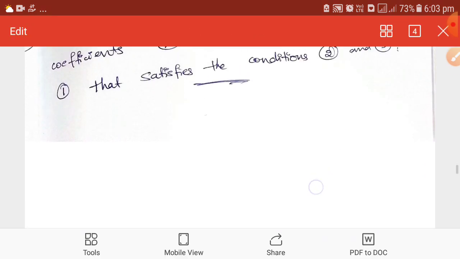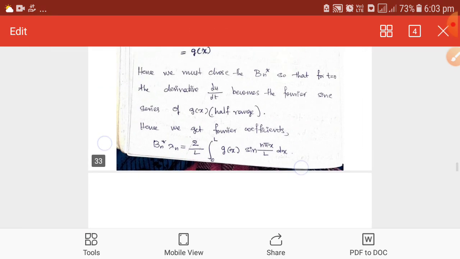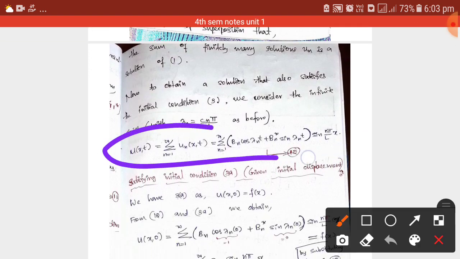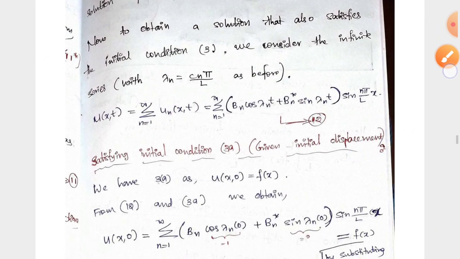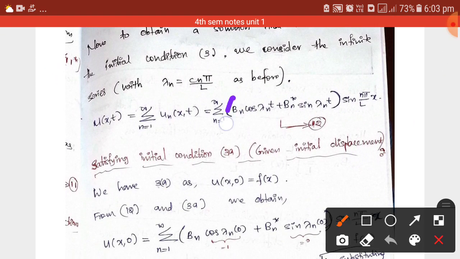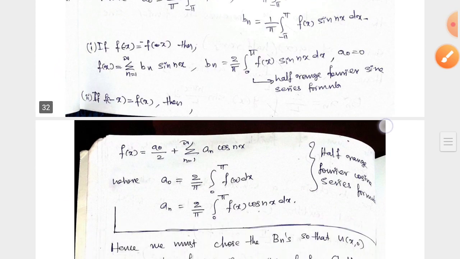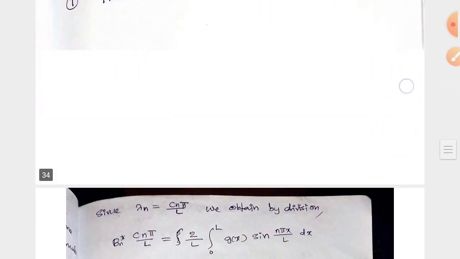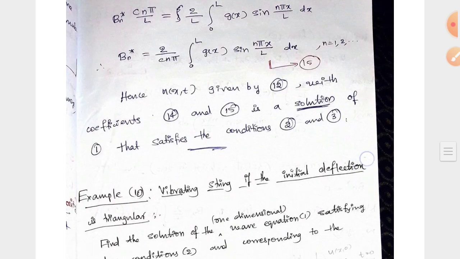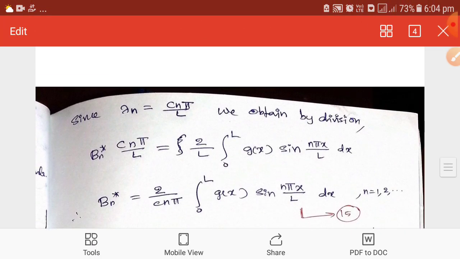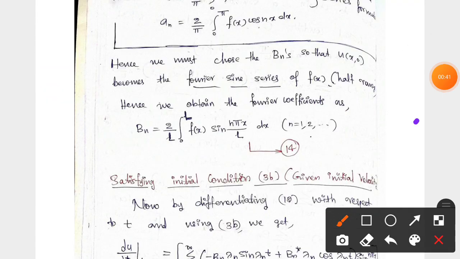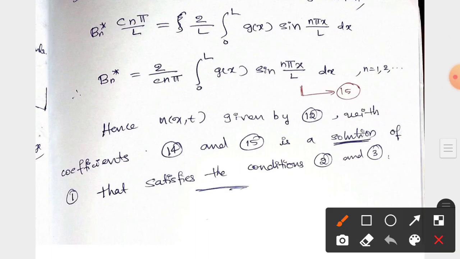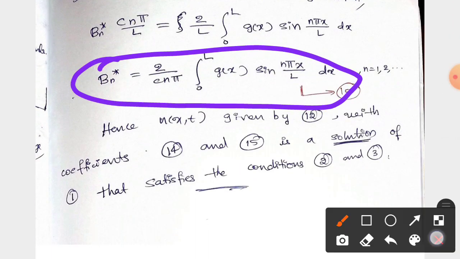That is equation 12, where Bn and Bn star are given by equation number 14 for Bn and equation number 15 for Bn star.